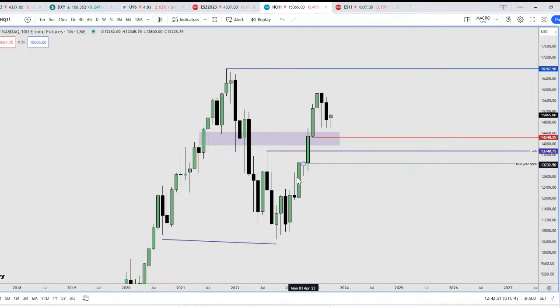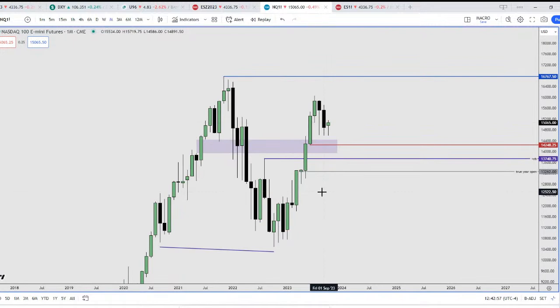Naturally, I use this as an indication that price is bullish. Of course you can reverse it: if price is bearish, you don't want it spending too much time above true year open. Make sense?